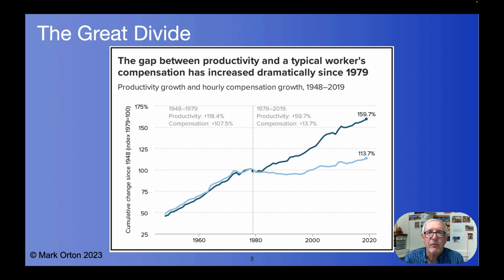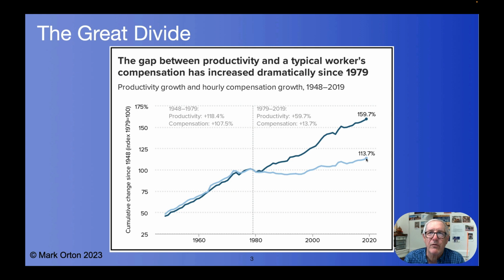So starting about 1979, you see this split where productivity continues to rise. It rose almost 60% between 1979 and 2019, while wages essentially went nowhere. Your typical worker gained a grand 14% over that whole period from 1979 to 2019.